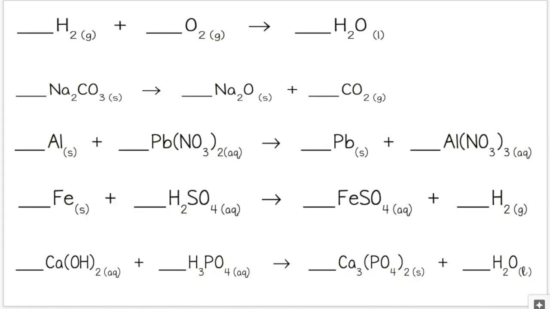All right, so going on to the practice problems, this first one we have hydrogen and oxygen yielding H2O. We have two separate molecules, and then they combine to create one molecule, so this is synthesis. For the next one, I have Na2CO3, one compound, and that's going to yield Na2O and CO2, two separate compounds.